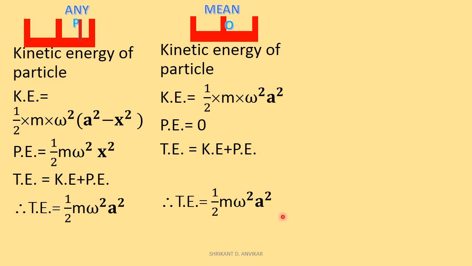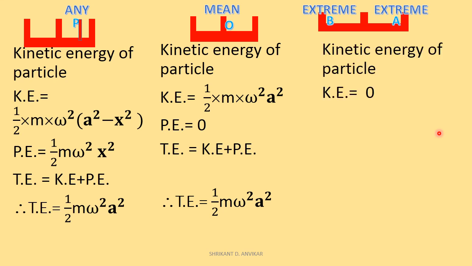Now we calculate total energy of the particle at the extreme position. A or B, these are extreme positions. At the extreme position, kinetic energy of the particle is 0. At the extreme position, potential energy of the particle is maximum, and it is 1 by 2 m omega square a square.